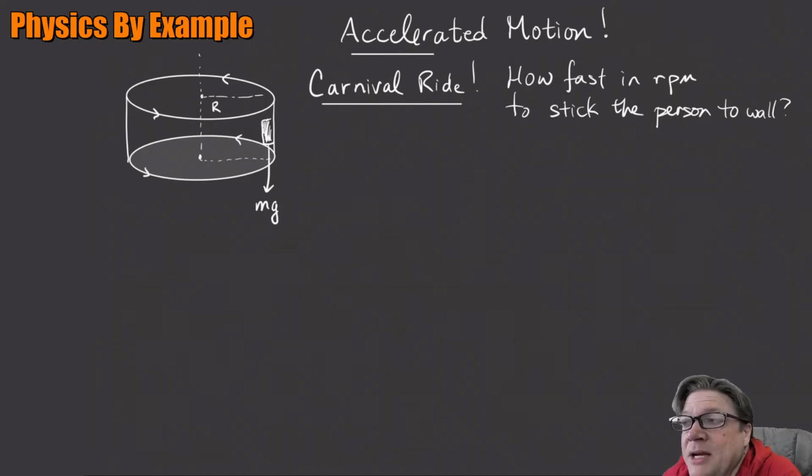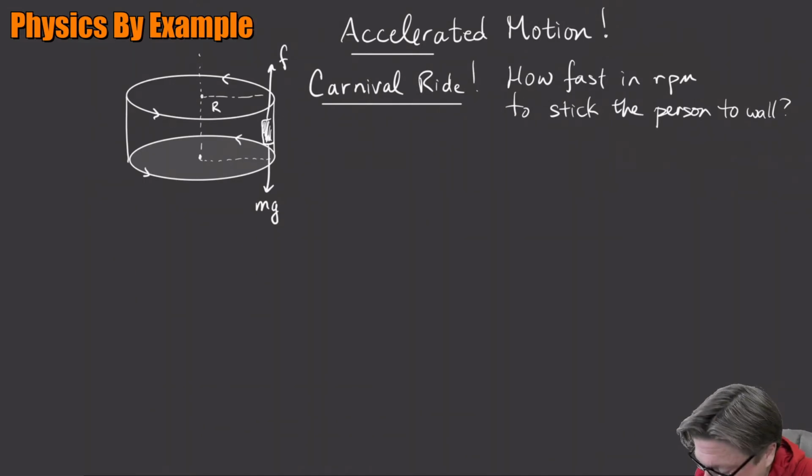So friction is keeping you pinned against the wall, acting up. The normal is the contact between the surfaces, always perpendicular to the surface, so it acts inward. That's the only way the wall can push back. We're done with the forces.